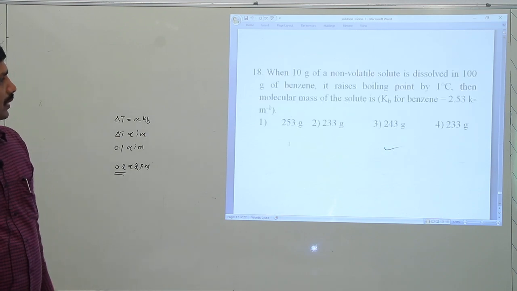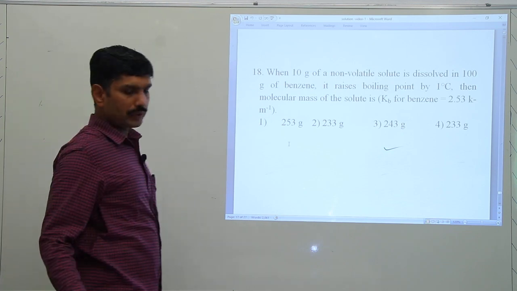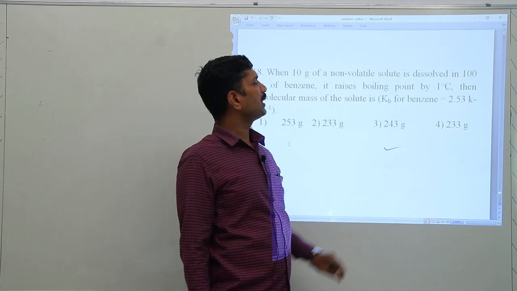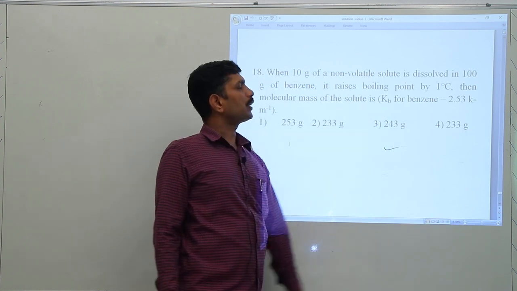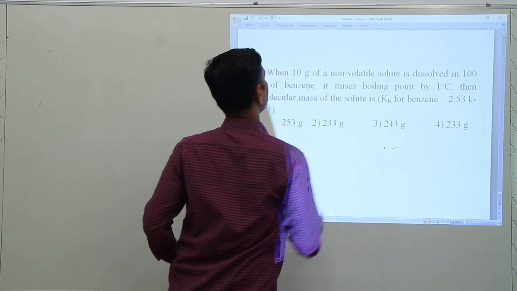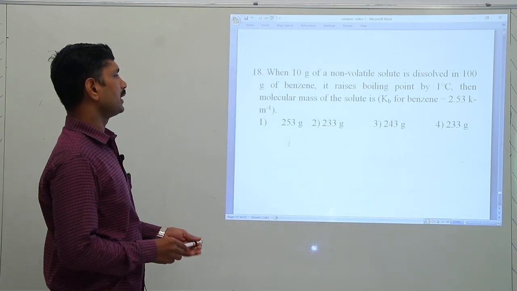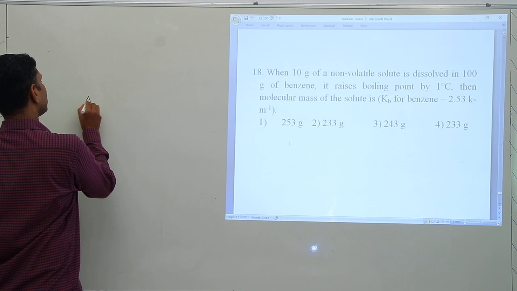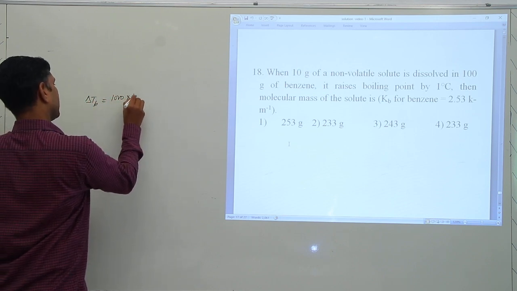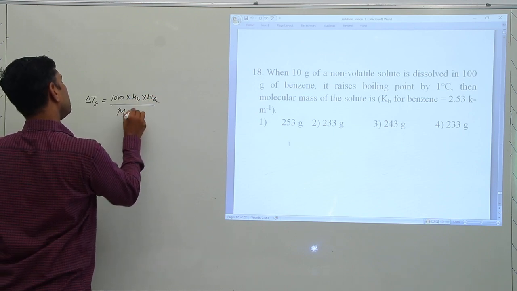Next one. When 10 gram of non-volatile solute is dissolved in 100 gram of benzene, it raises the boiling point by 1 degree. Then what is the molecular mass of the solute? So delta TB is equal to 1000 into Kb into W2 divided by M2 into W1.